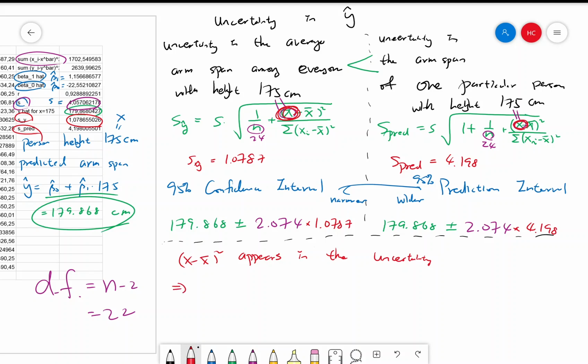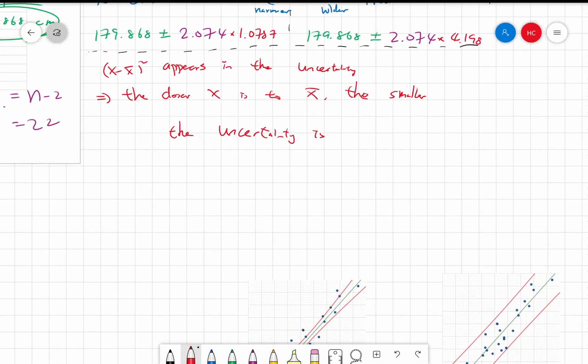This means the closer x is to x bar, the smaller the uncertainty is, in both cases. So the confidence intervals and the prediction intervals have different widths depending on the value of x. If we plot them with respect to all the values of x, this is what you get.